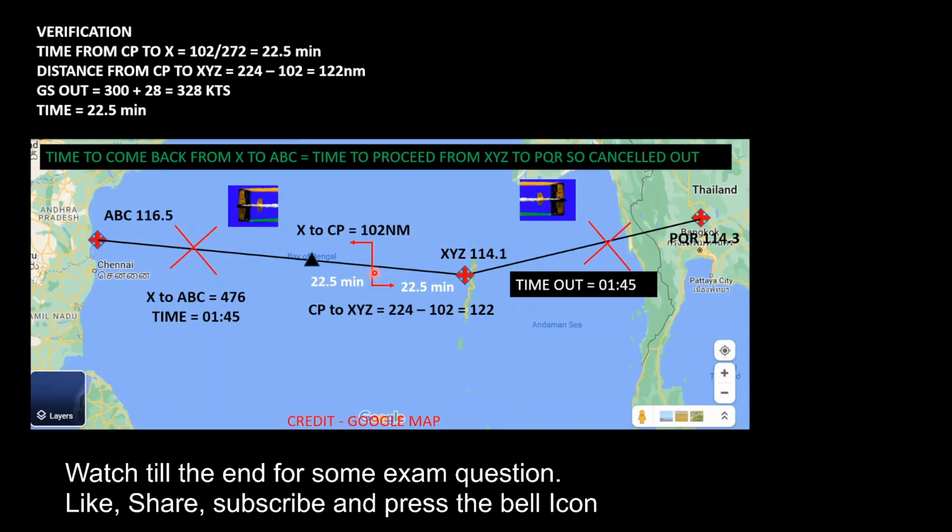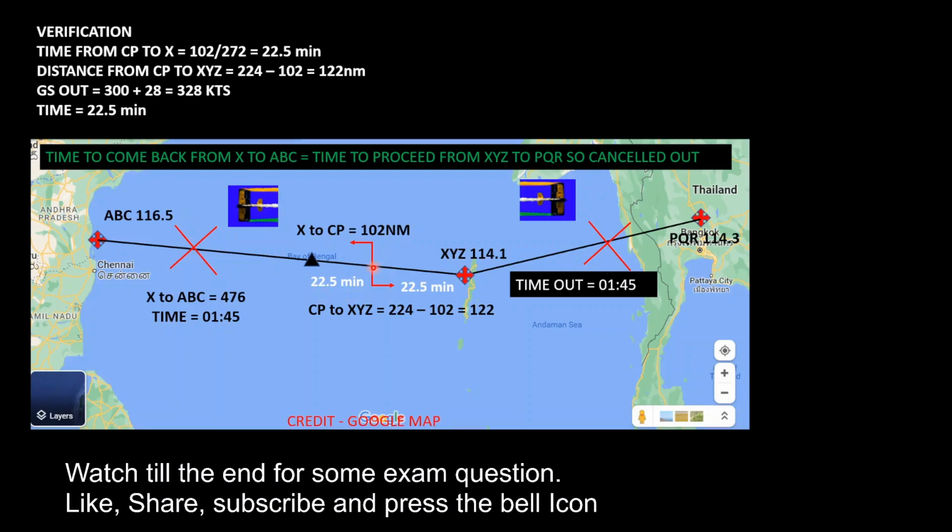The distance from CP to XYZ will be equal to 224 nautical miles, which was the distance between X and XYZ, minus 102 nautical miles, that is 122 nautical miles. With ground speed out, which is 328 knots, the time is going to be 22.5 minutes.